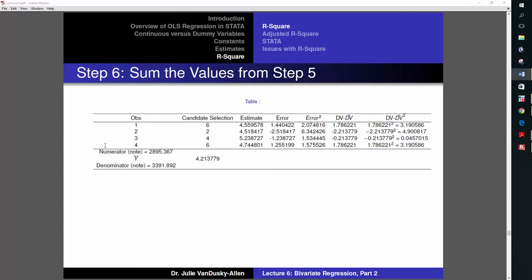Next, we would sum the values from step 5. The sum of all 987 values from step 5 is 3,391.892. Note this is the value of the denominator in the r-squared equation.